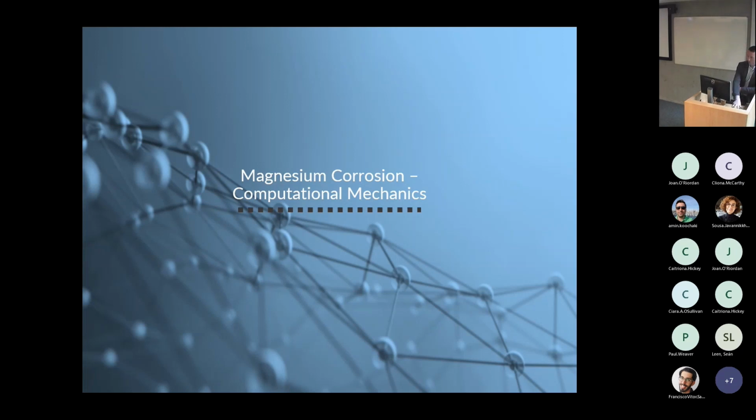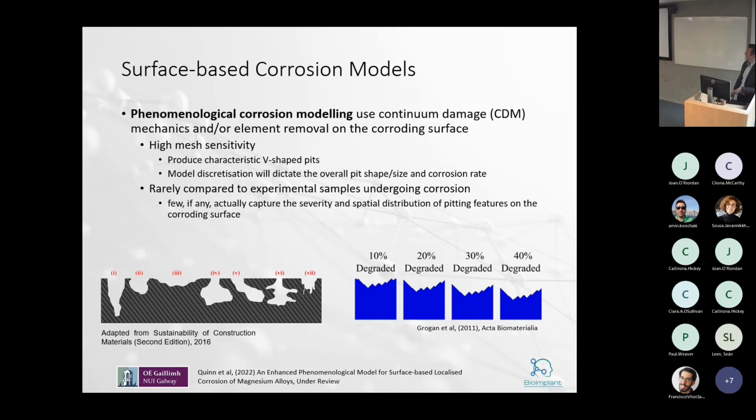What we then wanted to do was look at developing some models around this. We looked at developing a finite element based corrosion model to predict surface corrosion in these implants. There have been several types of corrosion models proposed. You can have physically based models that capture the chemistry or the physics that takes place, but they tend to be very localized models.